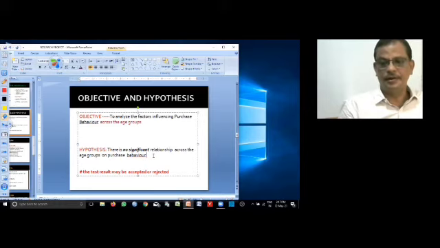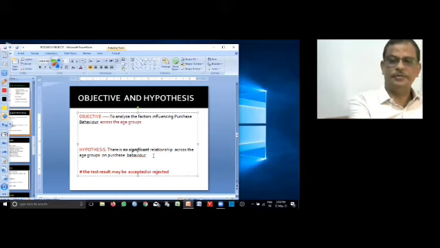Suppose you are thinking that every age group behaves similarly, but when you concluded your study, they are not similar but different. So your hypothesis will be rejected at that time. So your hypothesis may be accepted or it may be rejected. So for hypothetical things you have to take this hypothesis.